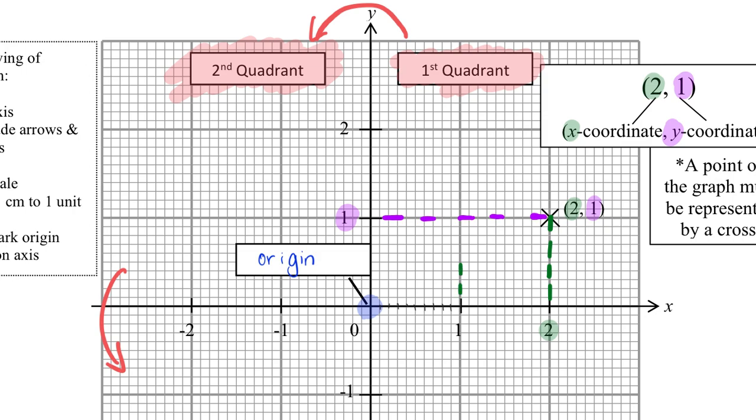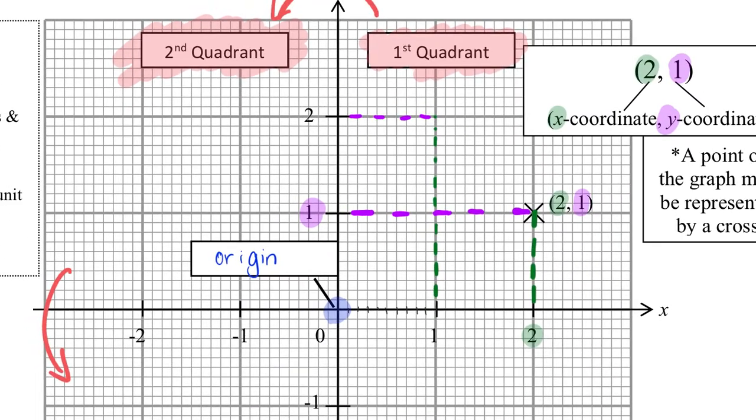And I draw my dotted line all the way until I reach the point where y is 2. So this particular point will be my letter A, which is (1, 2).